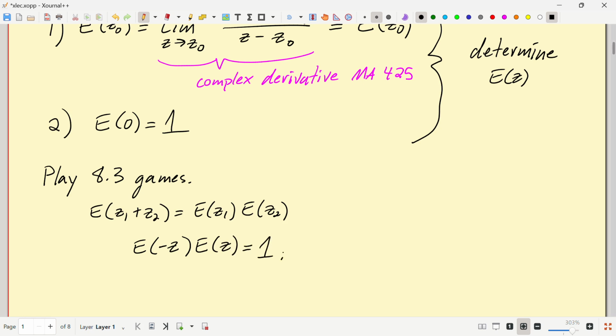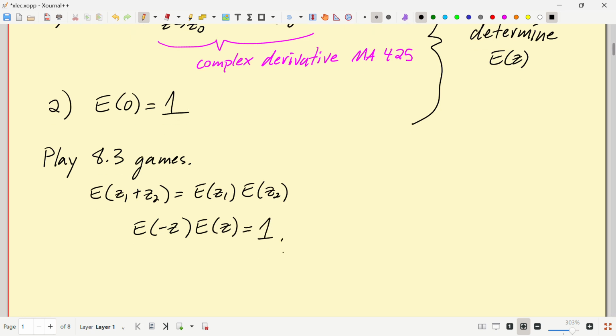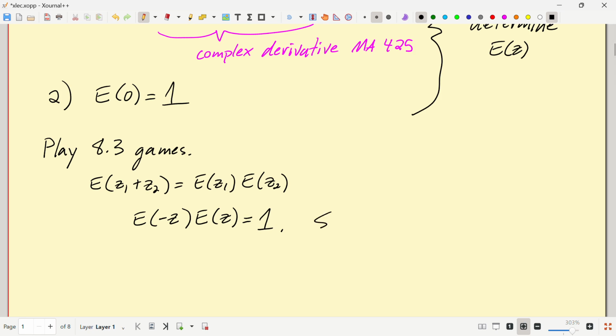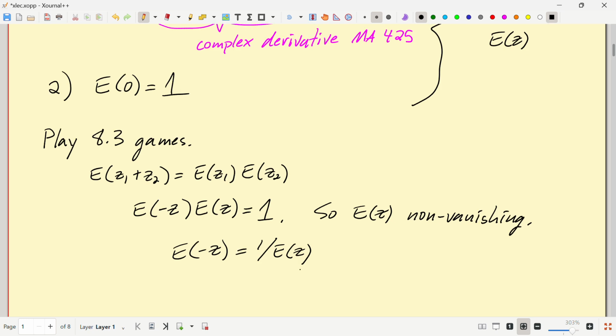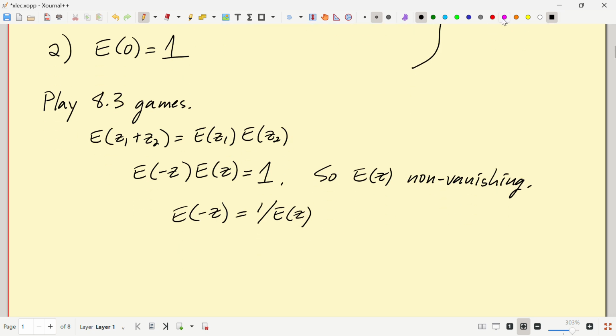So e to the z is never vanishing, and e to the minus z is 1 over e to the z. It's complex numbers, etc.